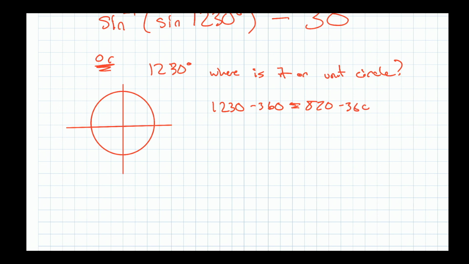So minus 360 again, I get 510. So I subtract 360 again, and I get 150. And I do know where 150 is. 150 is about here.